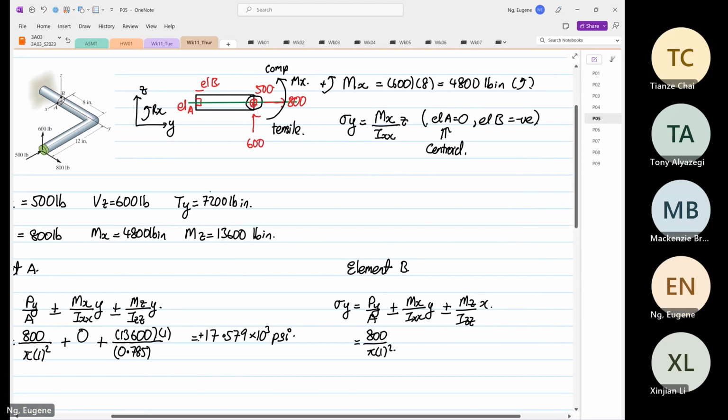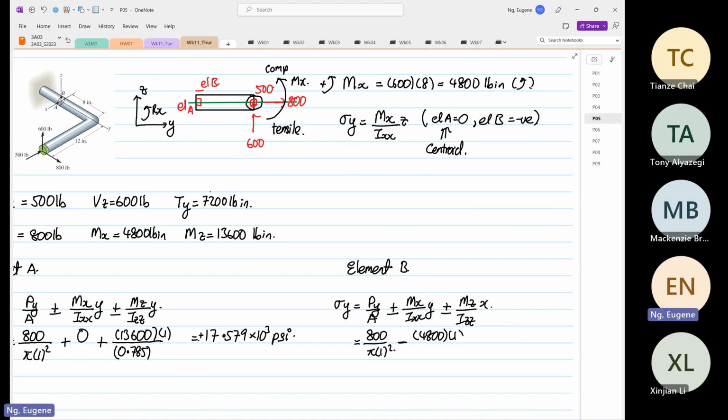Element B is going to induce a compression, so minus 4800. The distance is 1. The Ixx is 0.785.